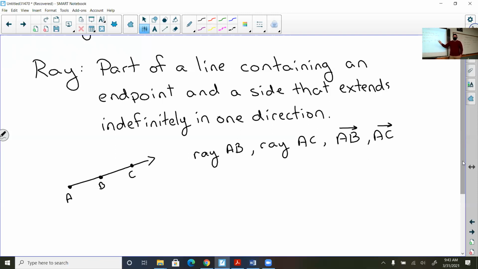So calling it B, C, D, E, F, excuse me, there's no way of knowing where those points are. I know A starts it, and then it just goes on forever. So you can call it whatever you want as long as you start off with that first point on the ray, the terminating point, and then whatever other point is on that ray, you can then put it in its name. So all rays have to start with that endpoint, and then any other point with either the symbol or the word ray with it.